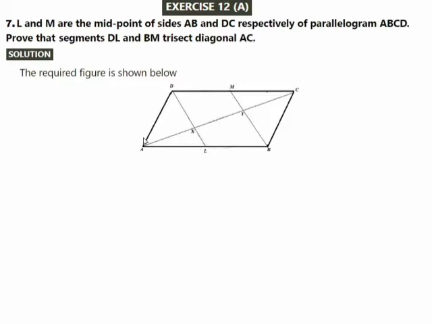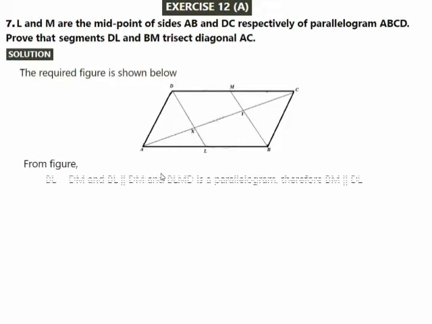Trisecting means these lengths are equal. We'll take the point of intersection of AC and DL to be X, and the point of intersection of AC and BM to be Y. So this is your X and this is your Y.